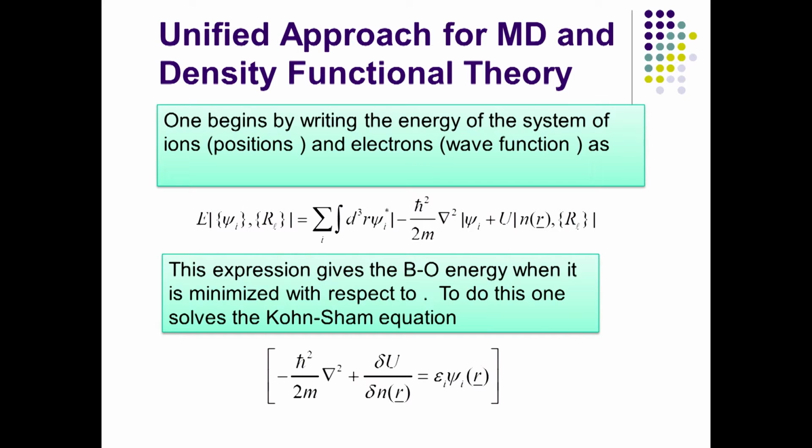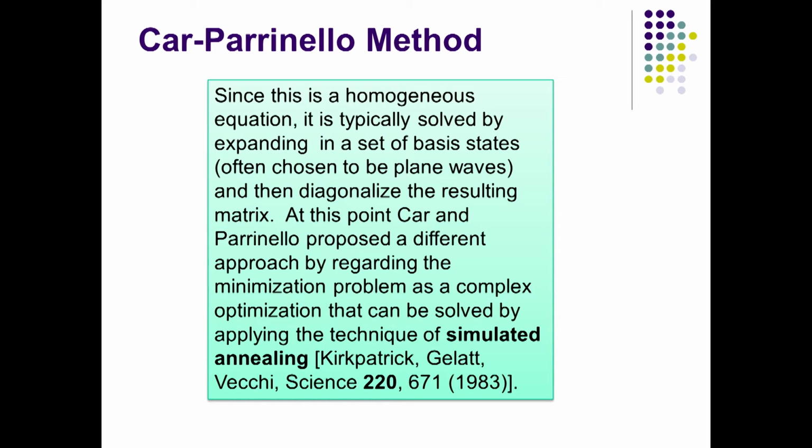This is where the Kohn-Sham equation is used, which allows you to go into the single particle model. That single particle equation, which is an approximation, can now be minimized for r. Since this is a homogeneous equation, it is typically solved by expanding in a set of basis states, often chosen to be plane waves.